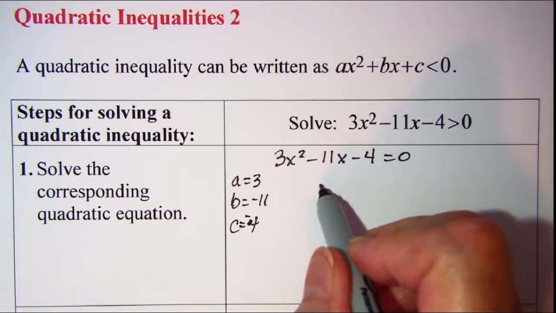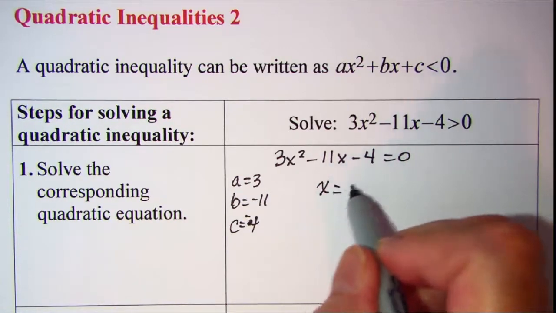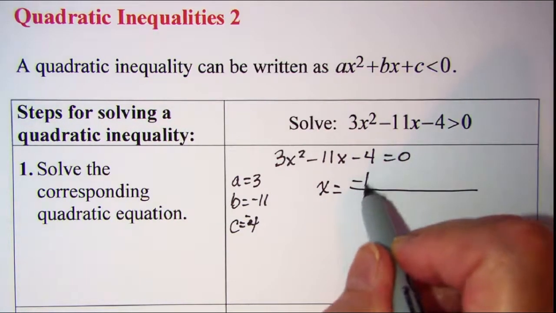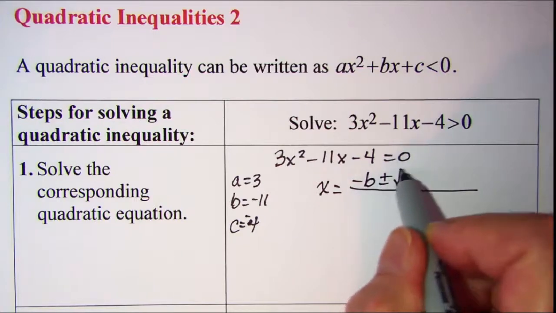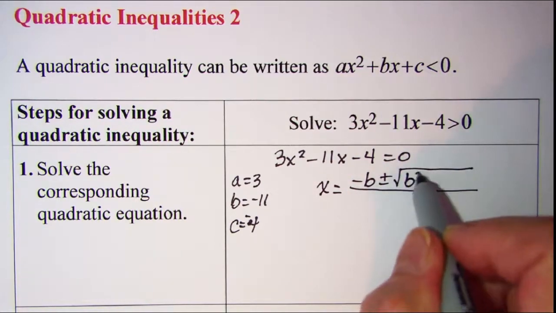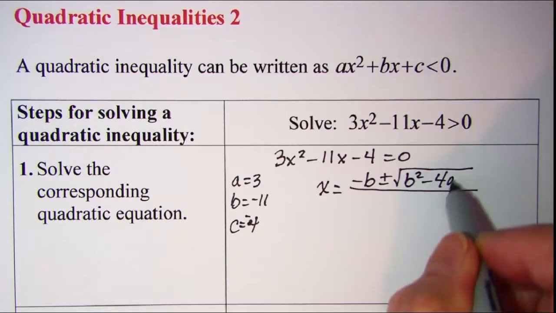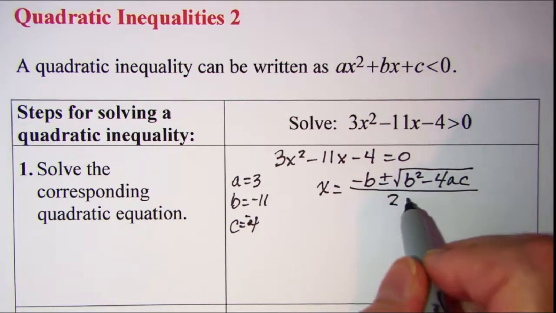Our quadratic formula is x is equal to negative b plus or minus the square root of b squared minus 4ac, all over 2a.